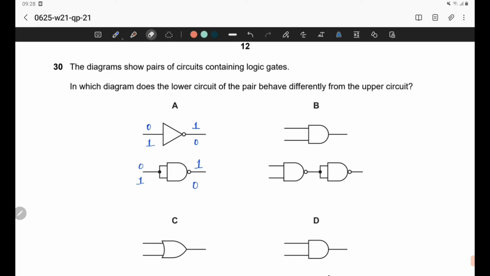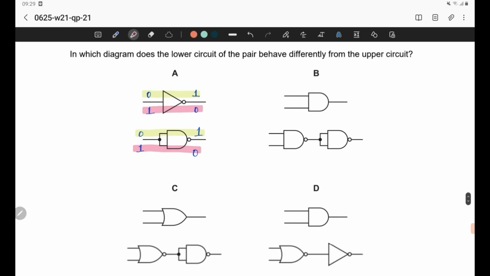So we can see both logic gates have the same function: when we give 0 as input, the output is 1 for both. When we give 1 as input, the output is 0 for both logic gates. So option A is not giving a different behavior, so option A is not the correct answer.